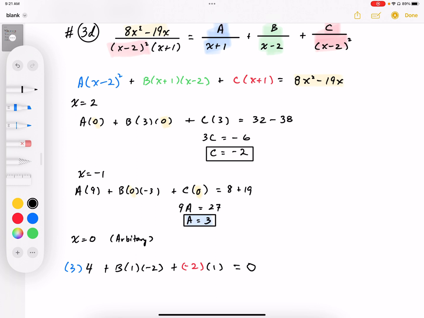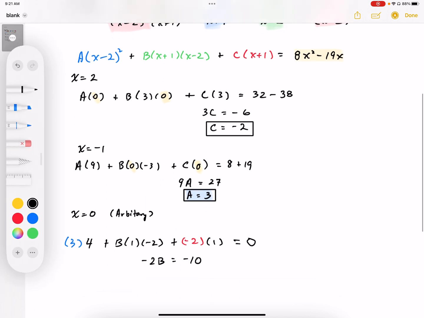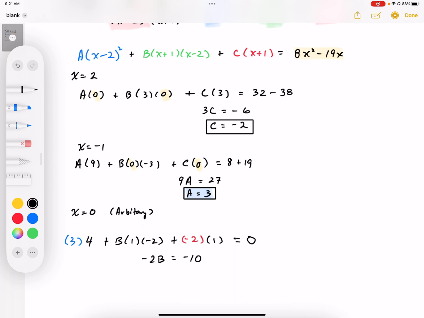So although I don't have zeros on the left side, I only have one variable left to solve for. So I have negative 2b, and that's going to be 12 minus 2, and then that's going to be 10, and I'm going to move that to the other side of the equation. I get negative 10, and I get b is equal to positive 5.